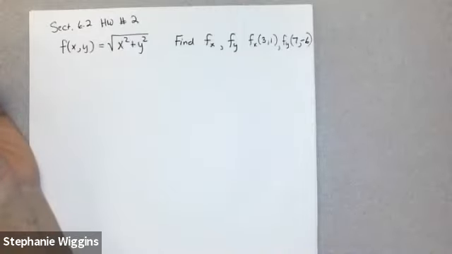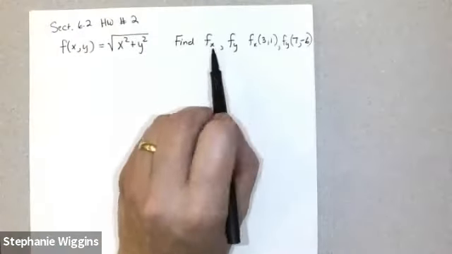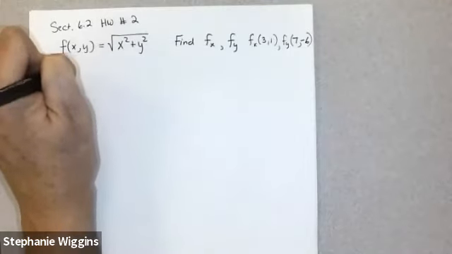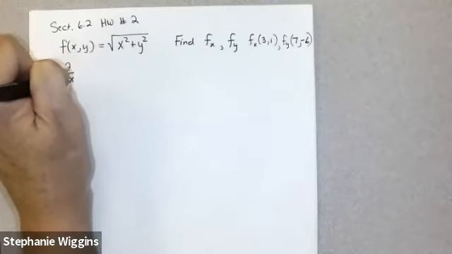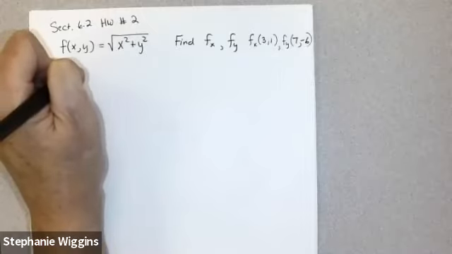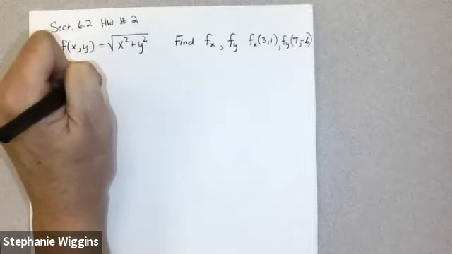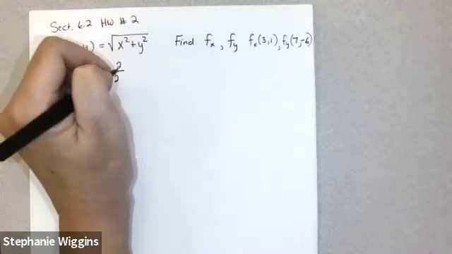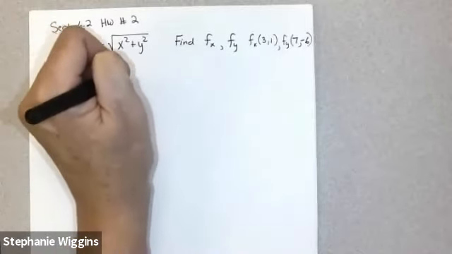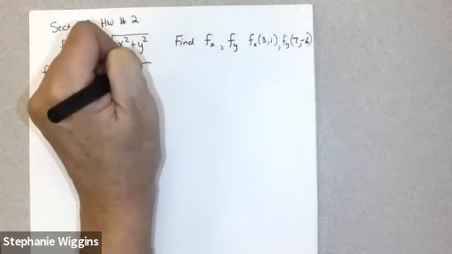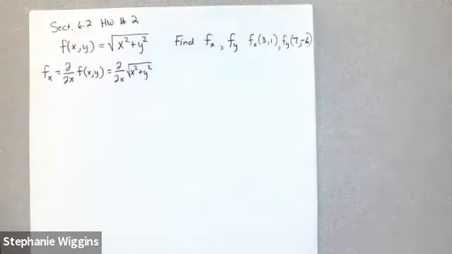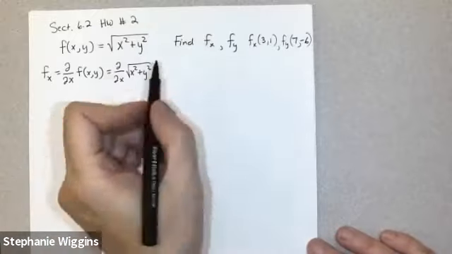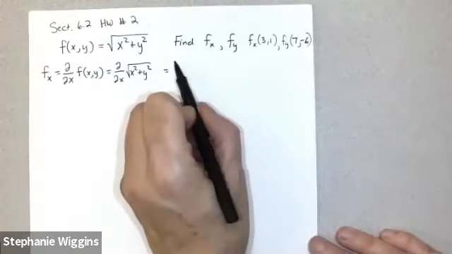So first we're going to find fx, okay? So fx means that we're going to differentiate with respect to x of our f, which is just the square root of x squared plus y squared. Okay, and then when we differentiate that, we want to write this as a power because we're going to apply the power rule.